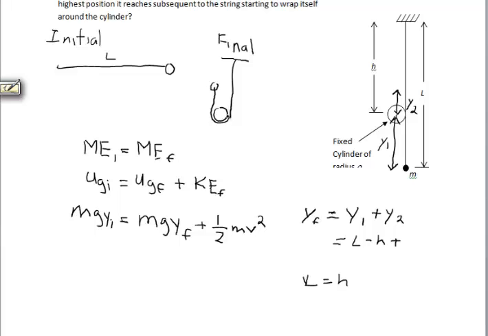Halfway around a circle is 1/2 of 2 pi r, which would be plus pi r. And then the remaining distance, y2, will be added on. Oh, I forgot the r here. Okay, so y2 equals L minus h minus pi r.